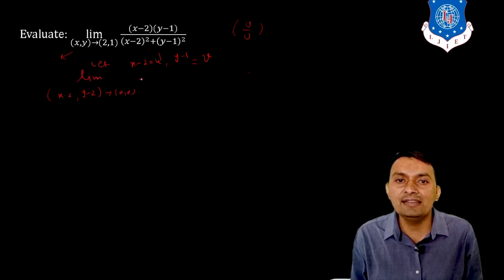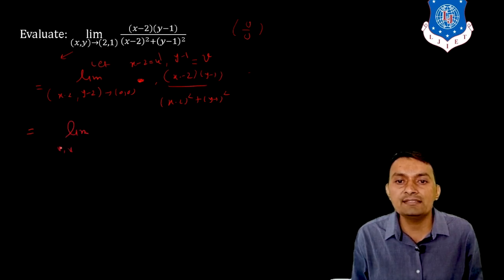This is the limit of (x minus 2)(y minus 1) divided by (x minus 2) square plus (y minus 1) square. When you put x minus 2 as u, I can say limit (u, v) tends to (0, 0) of u into v divided by u square plus v square.